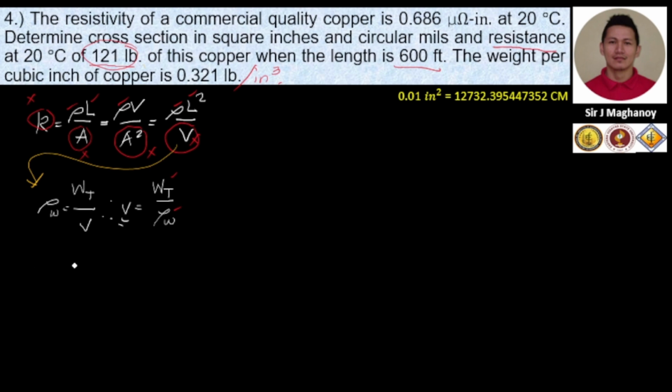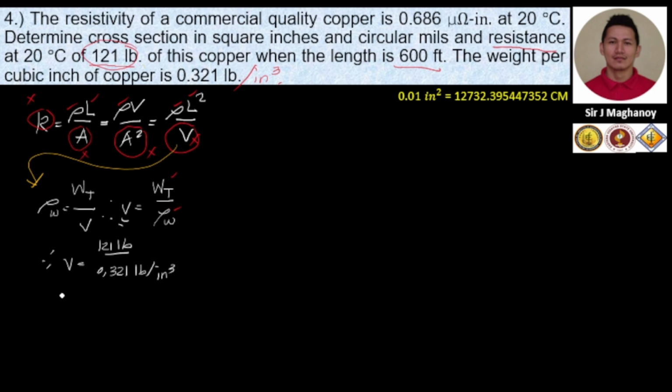Solving for the volume: the volume is equal to the total weight, 121 pounds, all over the weight density, 0.321 pounds per cubic inch.